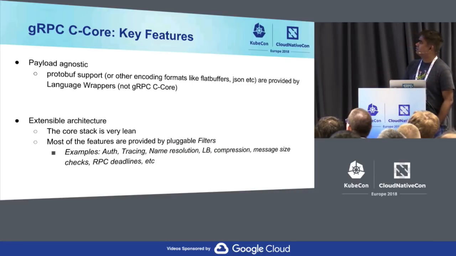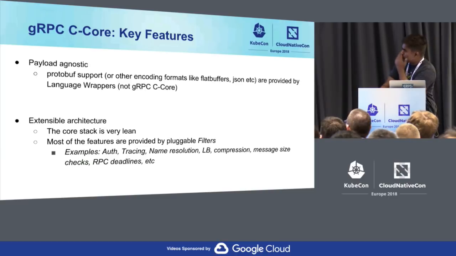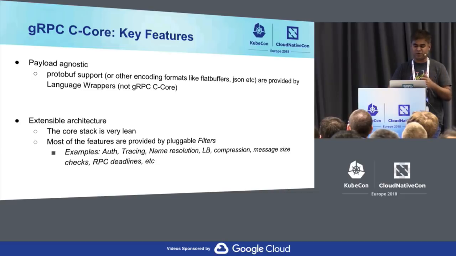Before diving into the details, it helps to set some context on some of the key features. Most of you may already know this. These are core specific. It's payload agnostic. gRPC core does not know anything about the payload or the serialization format, whether it's protobuf or flatbuf. Those features are implemented in the wrapped language layer.